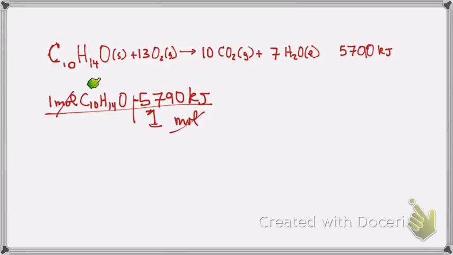So if this had balanced out, and this had been a 2 over here, then this would have been more like 11,400, yeah, there we go. I think that's right. So you have to multiply by the number of moles of whatever it is in the reaction, okay? Well, that's just a note to be careful of.